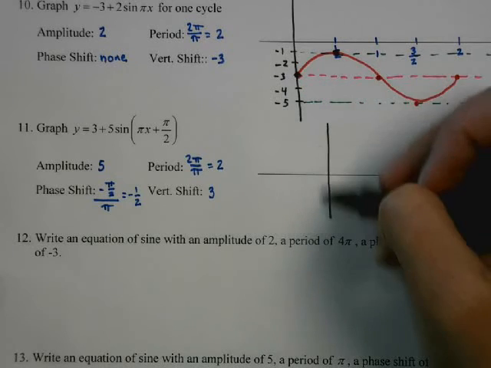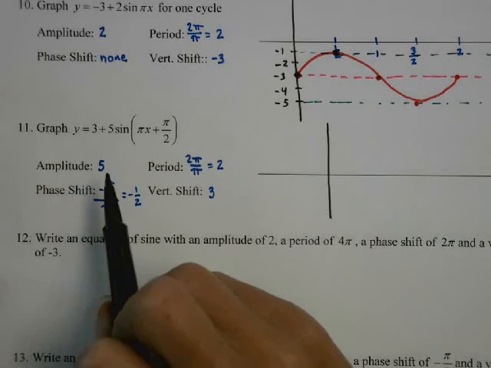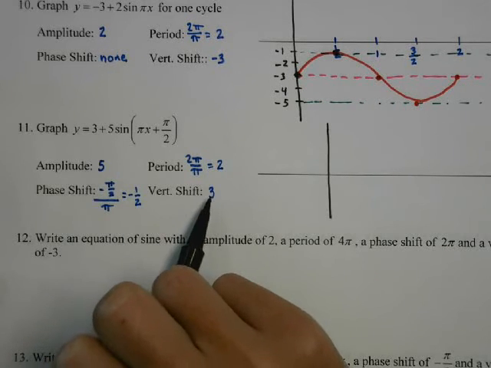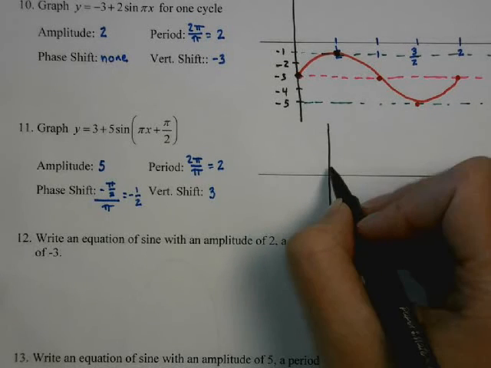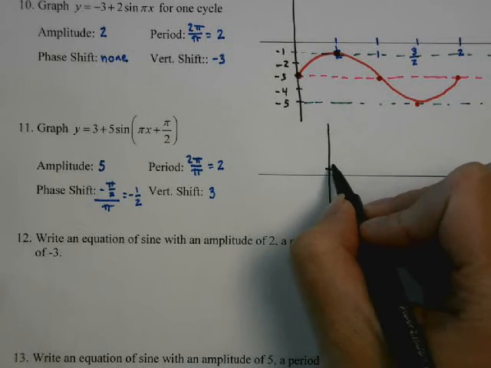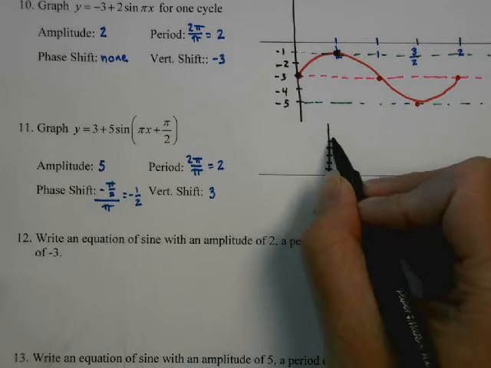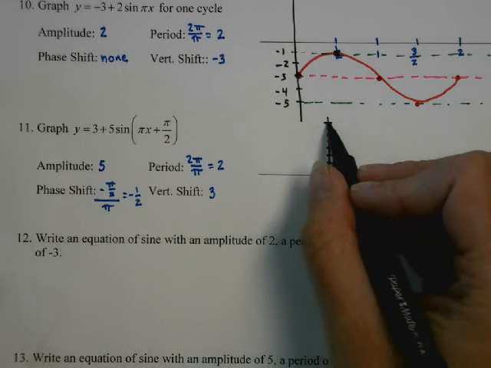So for my y-axis here, my amplitude is 5, a vertical shift of 3. So my midline is at 3, and we're going 5 above that and 5 below that. So I need at least 8. So I'm going to go 1, 2, 3, 4, 5, 6, 7, 8.